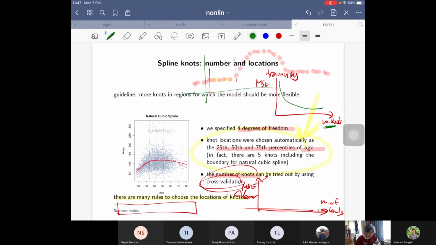But if you test it on the validation data set, that's no longer true. That's why you want to observe how it turns out. If the test MSE looks like this, it means that probably around here could be an appropriate level for the number of knots.